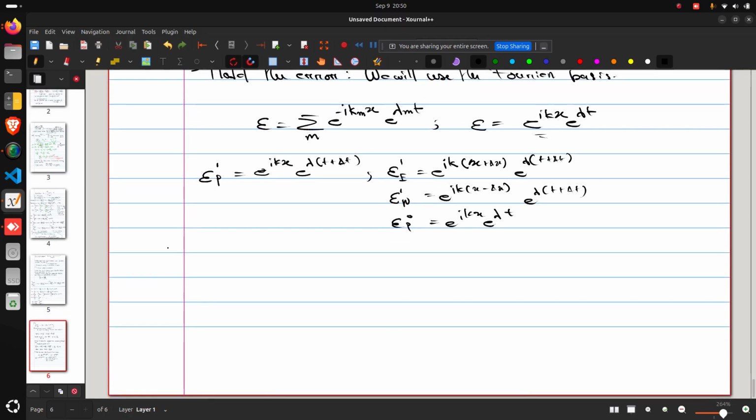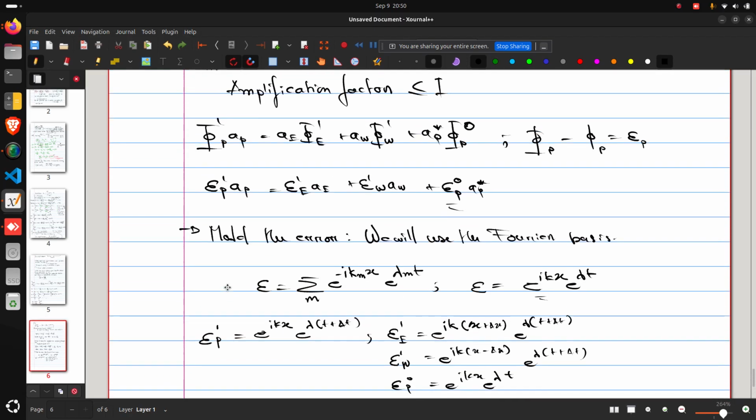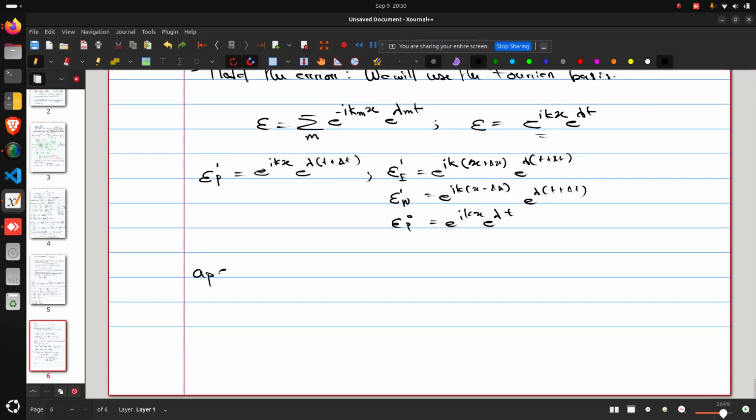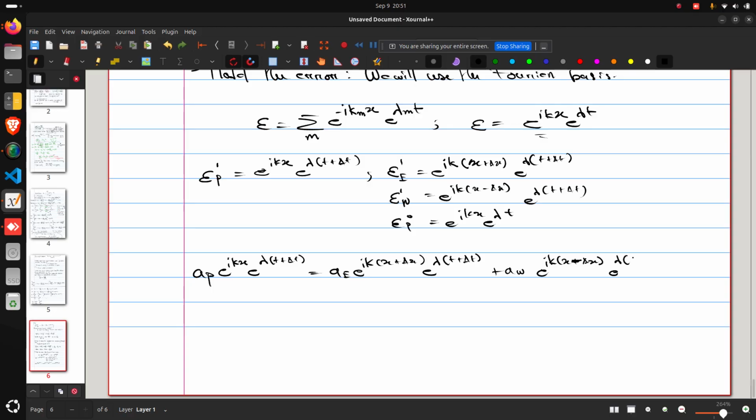Now let's assemble all these things together. So AP e to the power i k x e to the power lambda (t plus delta t) equals AE e to the power i k (x plus delta x) e to the power lambda (t plus delta t) plus AW e to the power i k (x minus delta x) e to the power lambda (t plus delta t) plus AP naught e to the power i k x e to the power lambda t, and AP star.